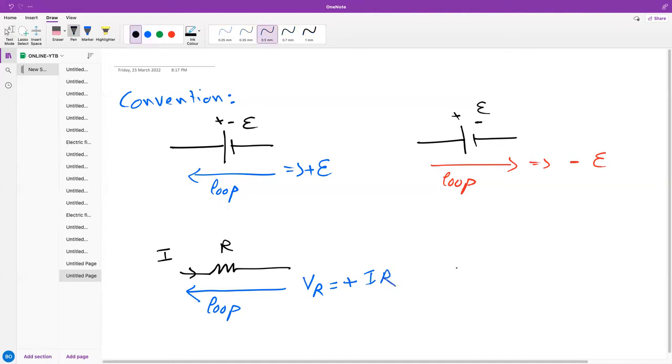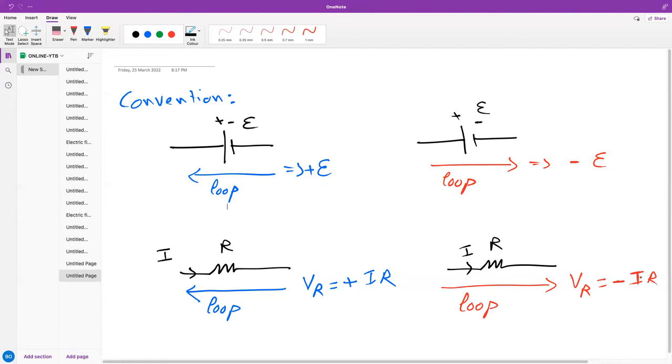If instead I have the loop going in the same direction as the current, then the potential difference across R will be minus IR. Okay, so those are some conventions.